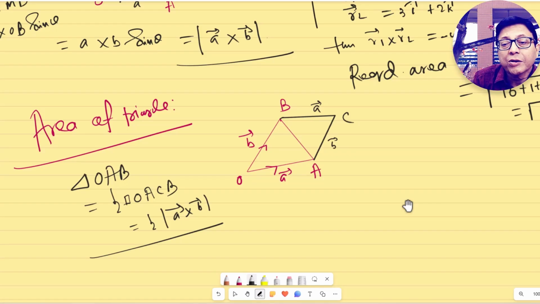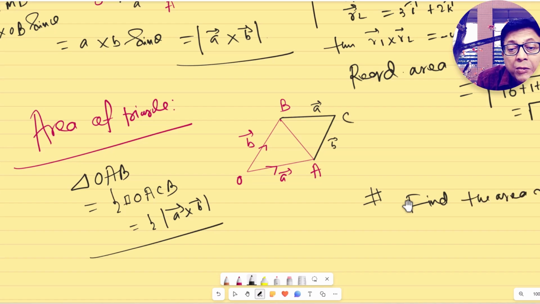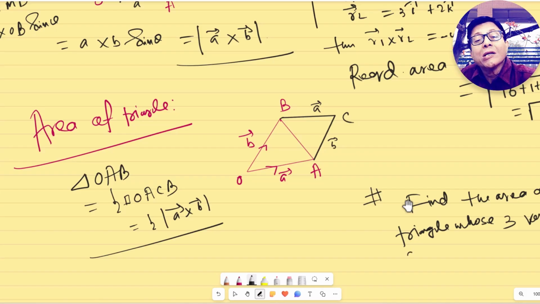Now this parallelogram is OACB, this one B vector, this one A vector, and area of triangle will be half the area of the parallelogram OACB. Agree or not? So it will be half mod of A cross B. So if you know origin as one of the vertex, then this is the area.